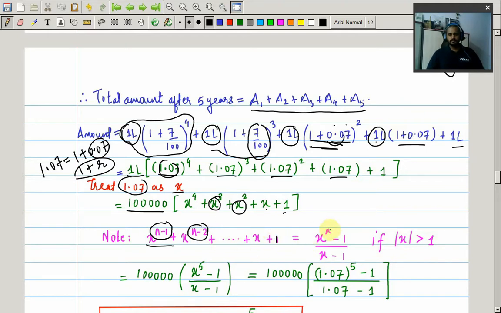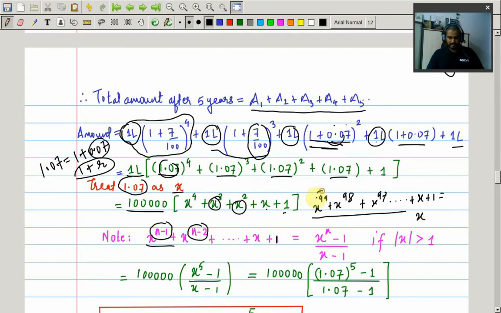In other words, if you write x to the 99 plus x to the 98 plus x to the 97, and this goes up to x plus 1, this large polynomial you can compress to this.